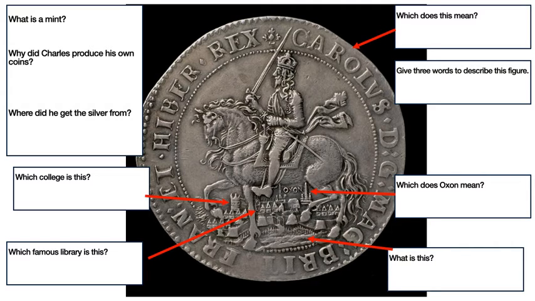So it's still today the Royal Mint that makes our coins. We looked at this image of the Oxford crown that Charles minted whilst he was in Oxford. I'd like you to have a go completing this image to explain what we can see on his Oxford crown.